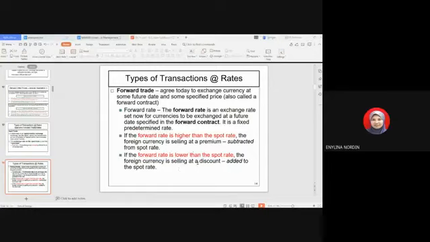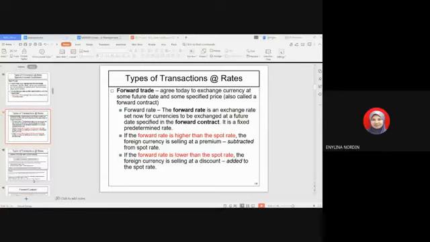Kalau spot rate is 1.5 and the premium is 0.5, that means you kena minus, so then the currency will become 1. So that is the difference between premium and discount.